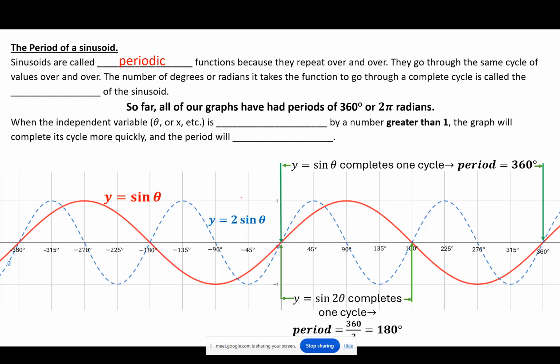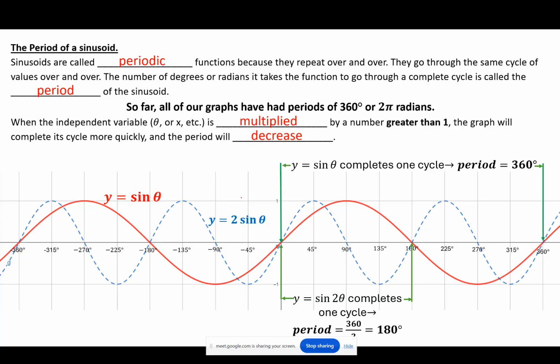The number of degrees or radians on the horizontal axis that it takes for the function to complete one full cycle of all the values it goes through is called the period of the sinusoid. So far, all of our graphs have had periods of 360 or 2 pi radians. When the independent variable, that is theta or x, is multiplied by a number greater than 1, the graph will complete its cycle more quickly and the period will decrease.